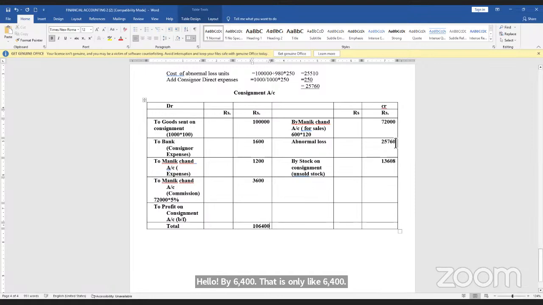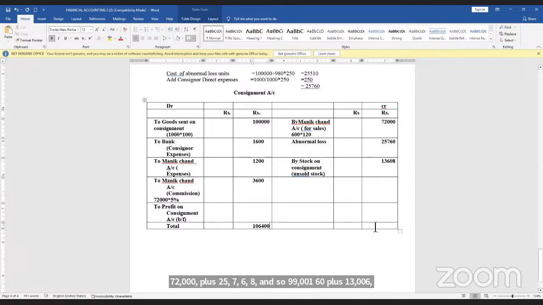And this side, it's less, I think. 72,000 plus 25,760 means 99,000, 760 plus 13,608, 1,11,368.